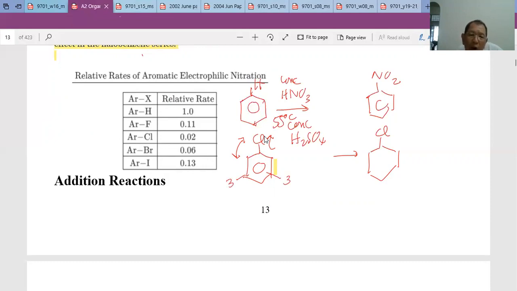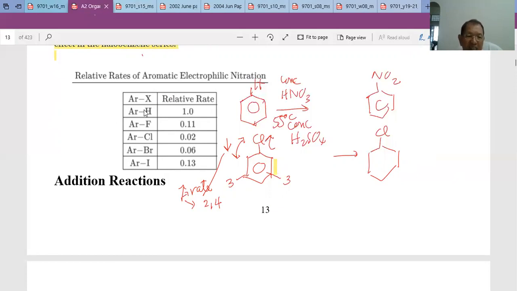But if it's overlap, if overlap here is also electron donating. Right? It will also, suppose there are two things here. If it donates here, it will increase the rate. And it should what? It should direct it to 2 and 4, is it? Yes, not. So there seems to be a contradiction here.